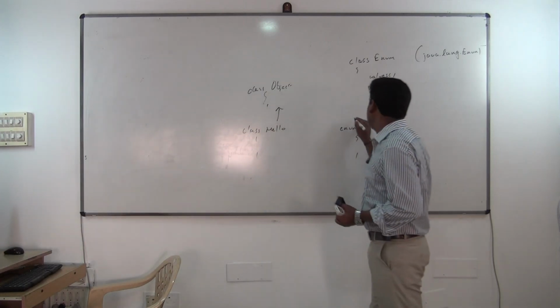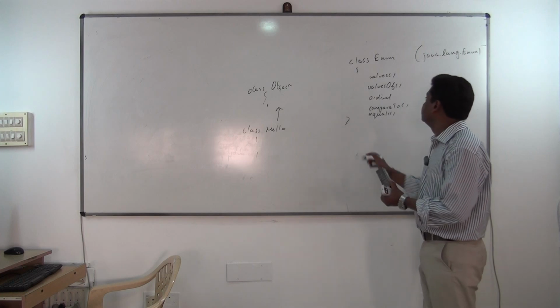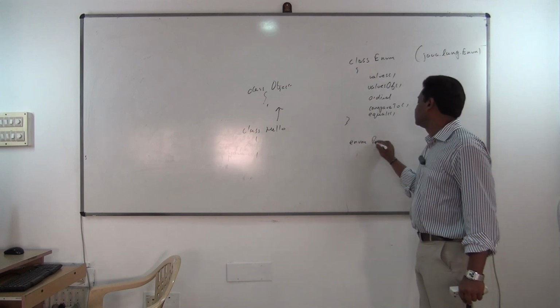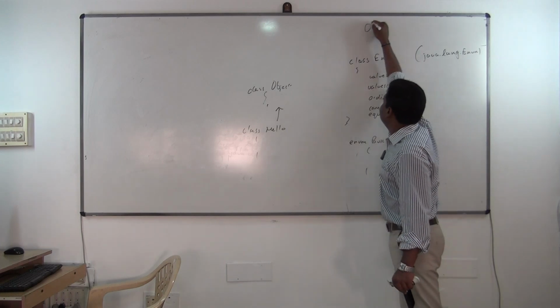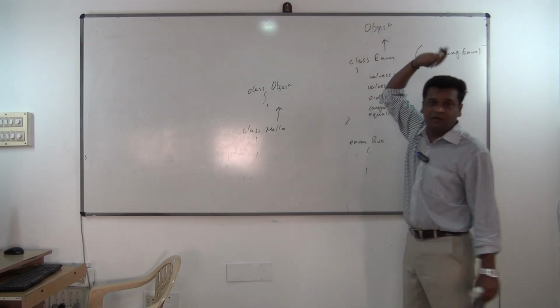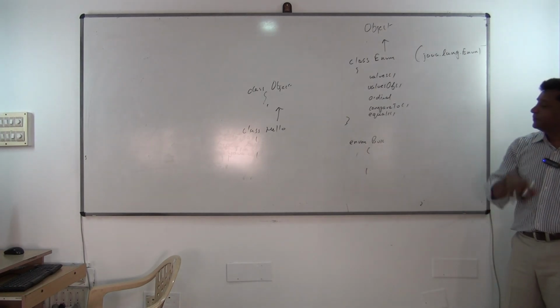I just listed a few. So enum Box is extending Enum, and again this Enum extends Object. This hierarchy, never forget. Understood?